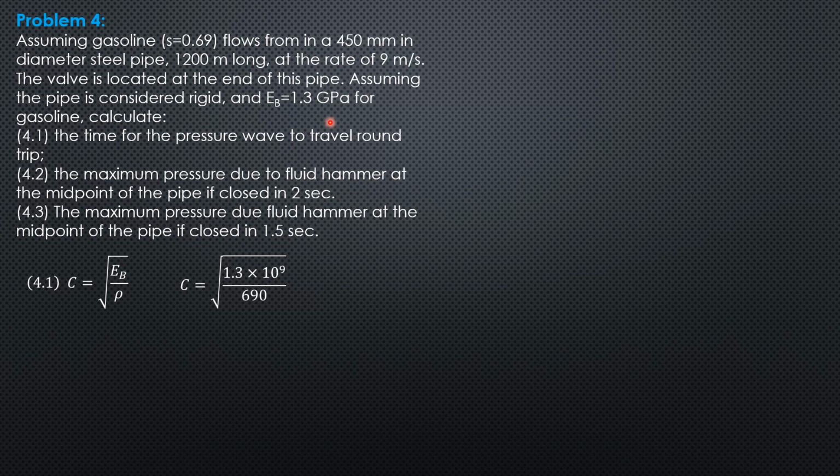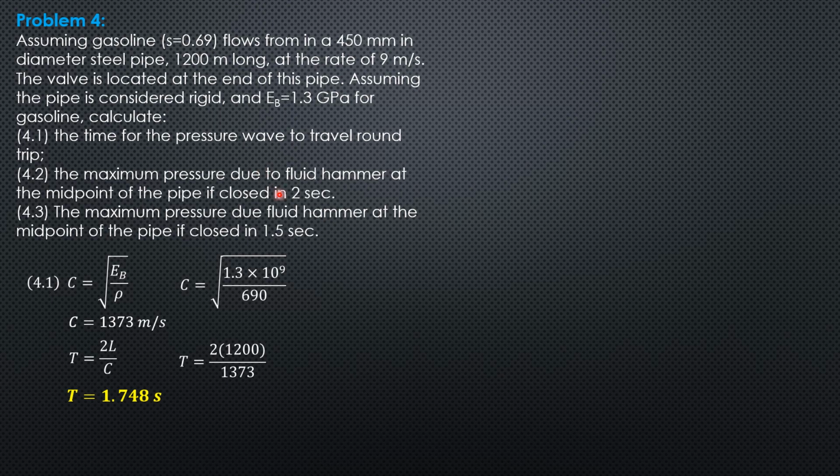So celerity is equal to 1,373 meters per second. Then substitute: capital T is 2L over C, 2 times the length, 1,200 meters, over 1,373. So the time for the pressure wave to travel round trip is 1.748 seconds.